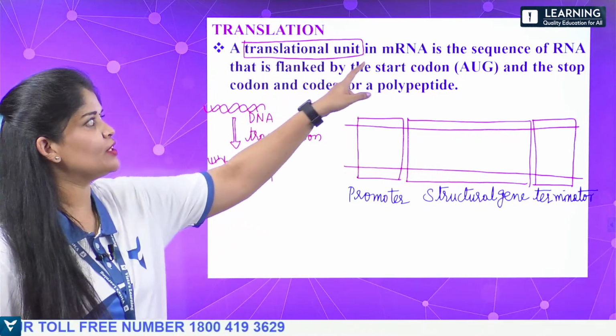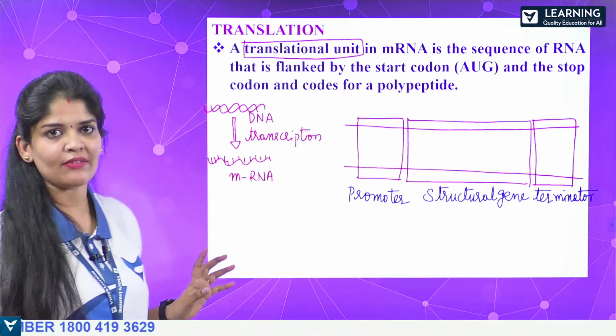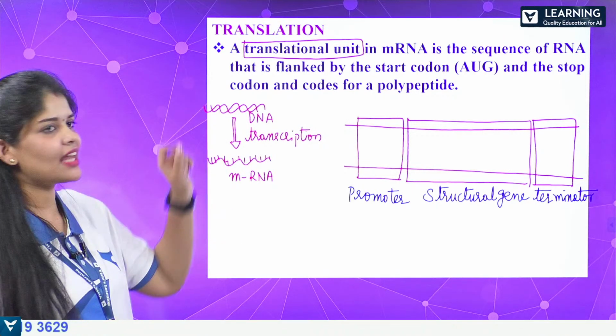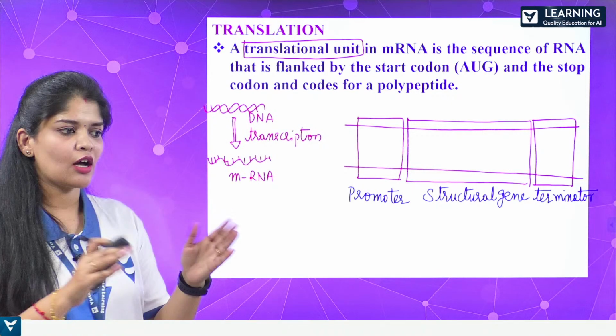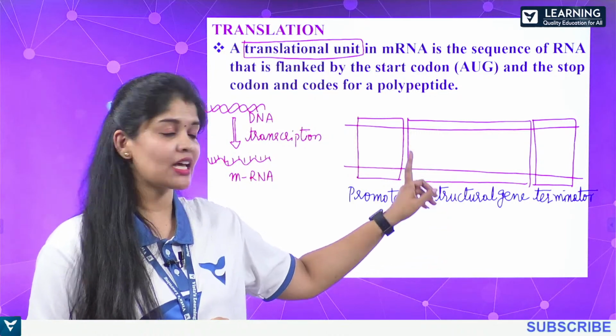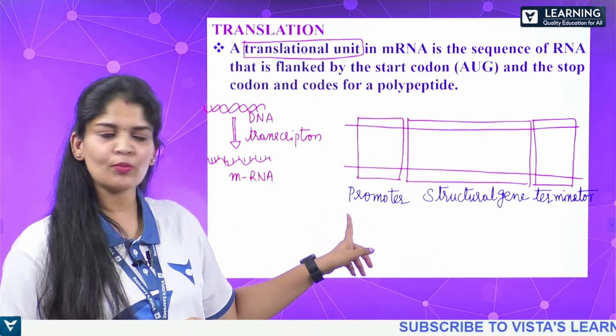A translation unit in mRNA is a sequence of RNA that is flanked on either side, just like the structural gene, which has the promoter on one side and the terminator on the other side.